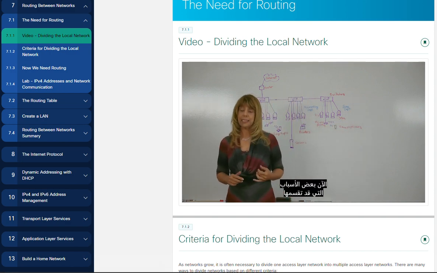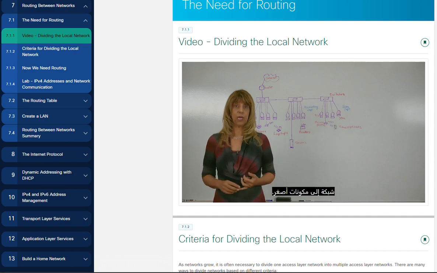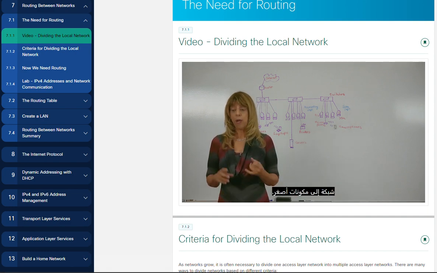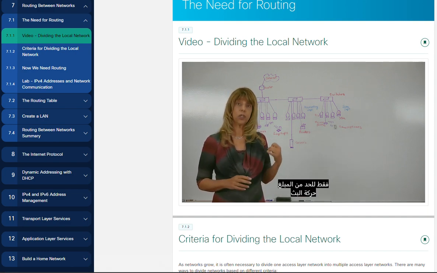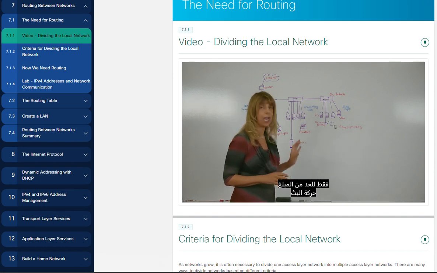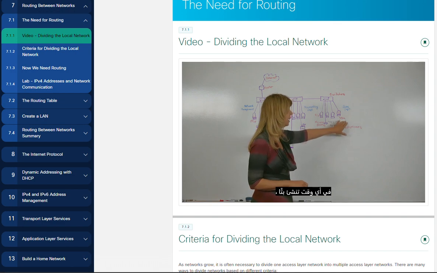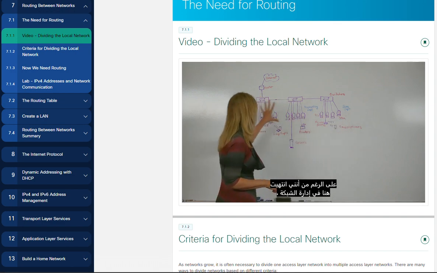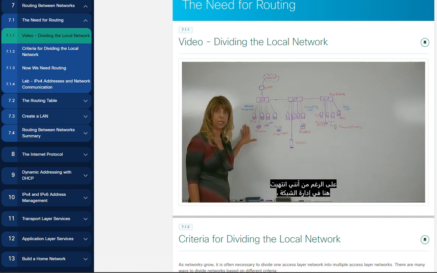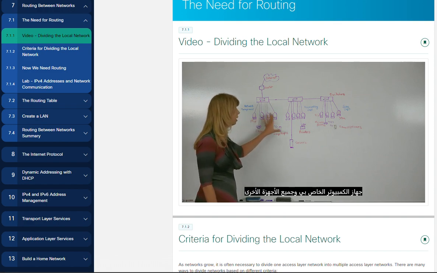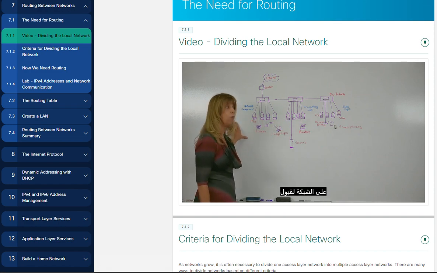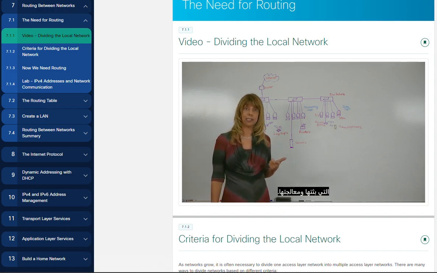Now, some of the reasons that you might divide a network into smaller components, the first one is just to limit the amount of broadcast traffic that goes across the network. Anytime you generate a broadcast, even though I'm way over here in network management, my computer and all of the other devices on the network will be forced to accept that broadcast and process it.